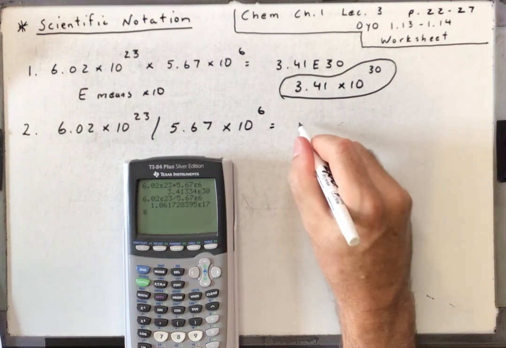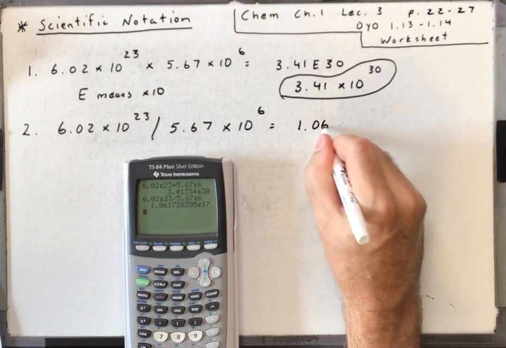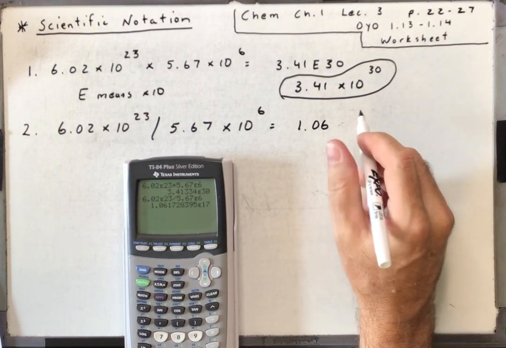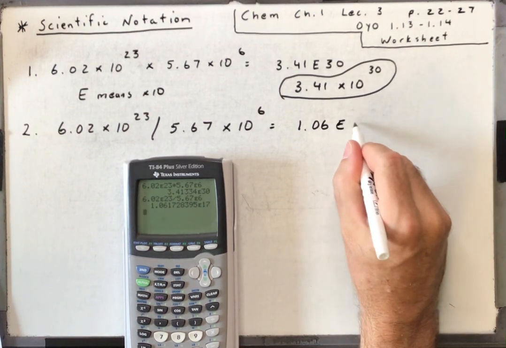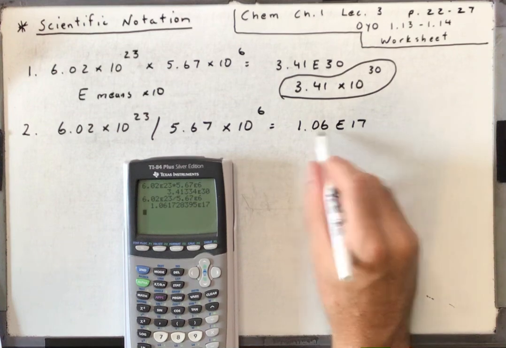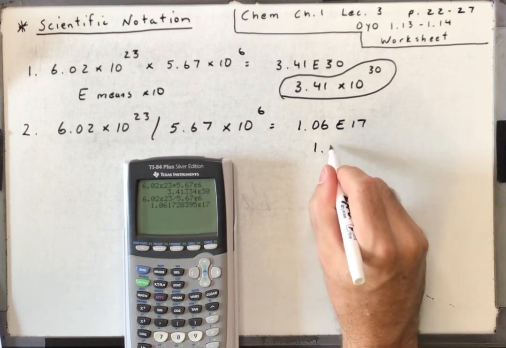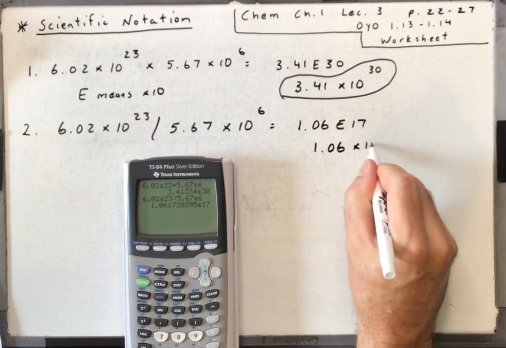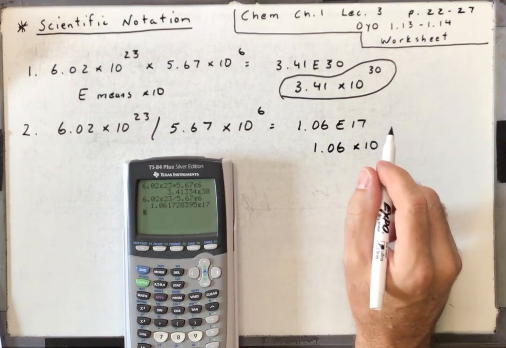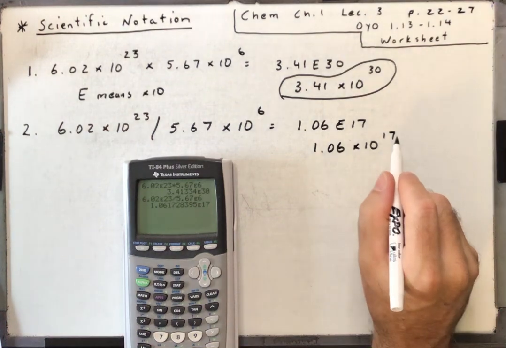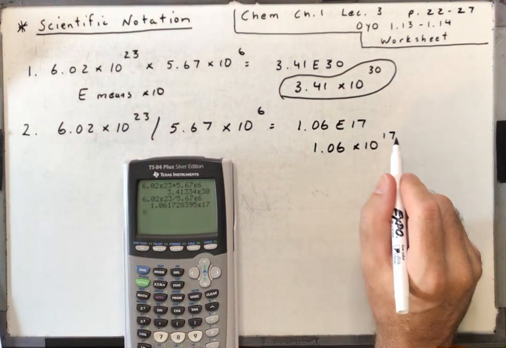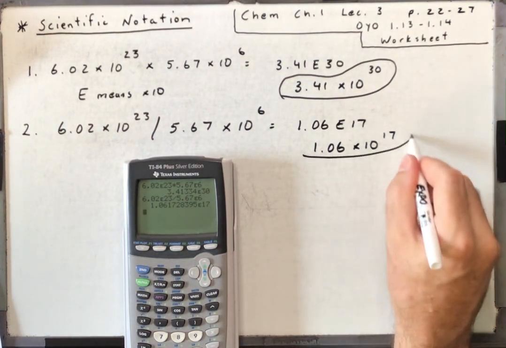So we're rounding it to 2 decimal places, 1.06, and then E to the 17th. And you don't even have to write the E if you don't want to. That's the same as 1.06 times 10 to the 17th power. All right, so that's the right answer.